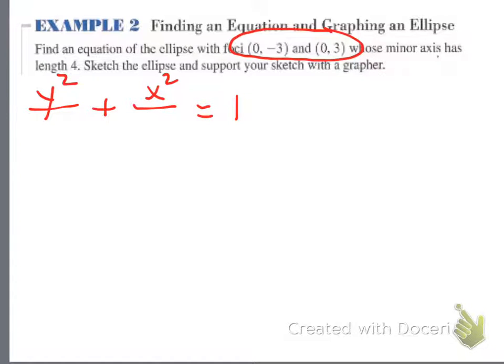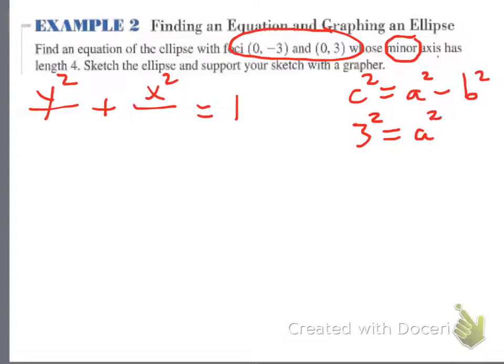Now, c squared equals a squared minus b squared. The foci are plus or minus 3, so we're just going to do 3 squared, because we know what c is. When they say minor axis, that tells us that the number underneath x squared is going to be smaller.